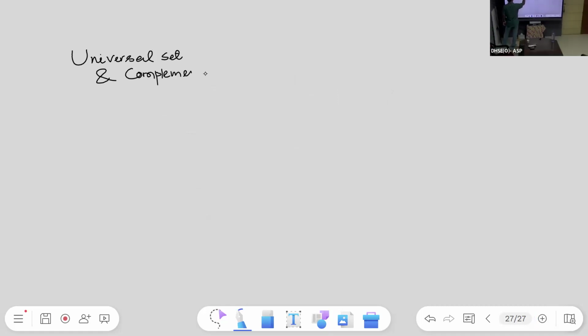Then come to universal set and complement of set. Universal set and complement of a set. First write down universal set.